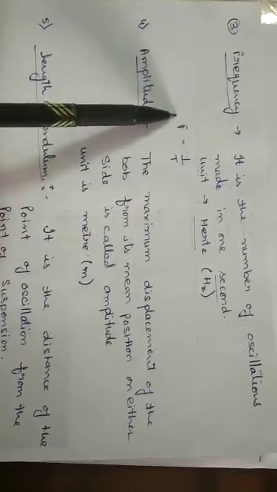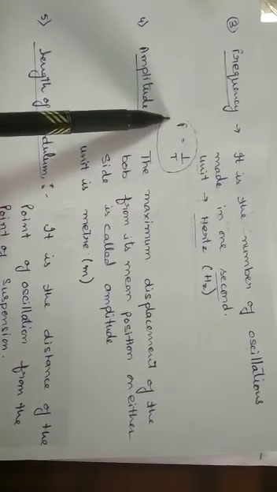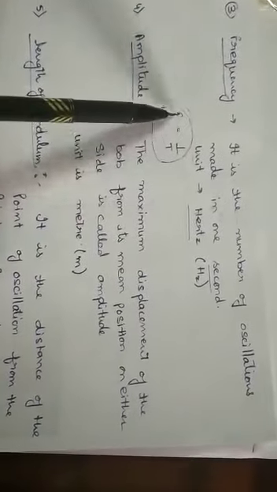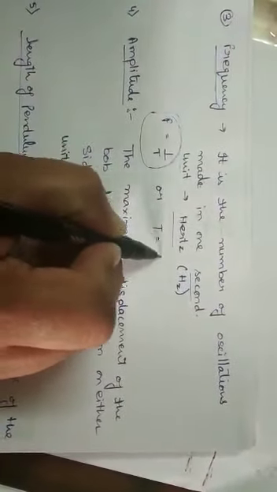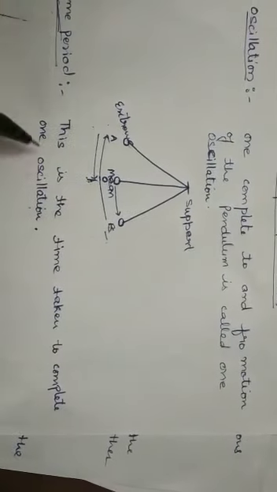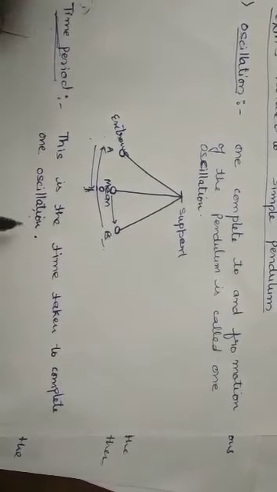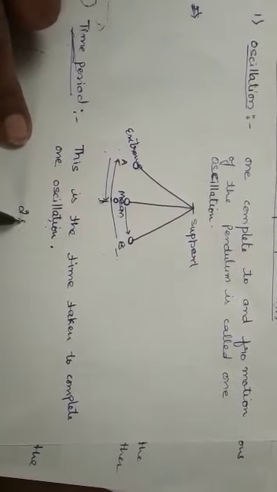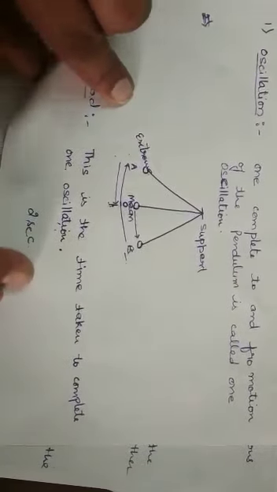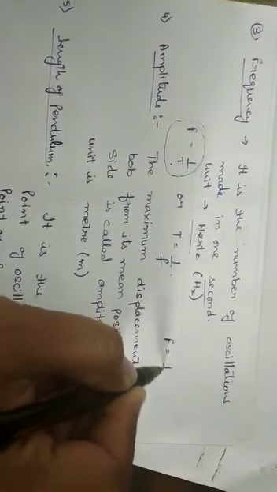Frequency and time period are inversely proportional to each other. f is equal to 1 by T, or you can say T is equal to 1 by f. How are they related? If one oscillation takes 2 seconds, then frequency is equal to 1 by 2.